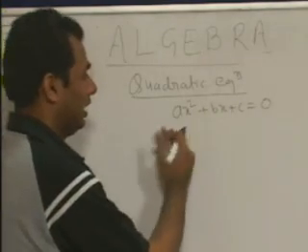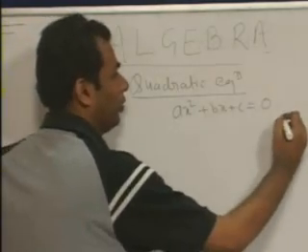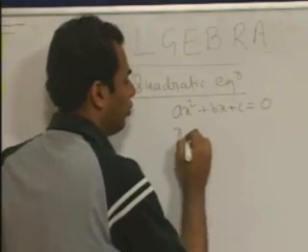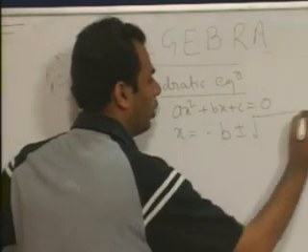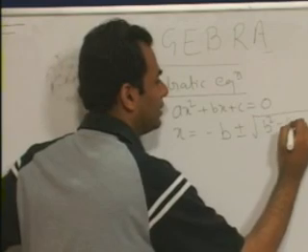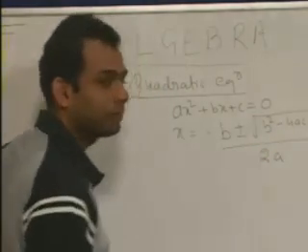Okay, and if I find out its roots, we all know that x is equal to minus b plus minus under root of b square minus 4ac divided by 2a.